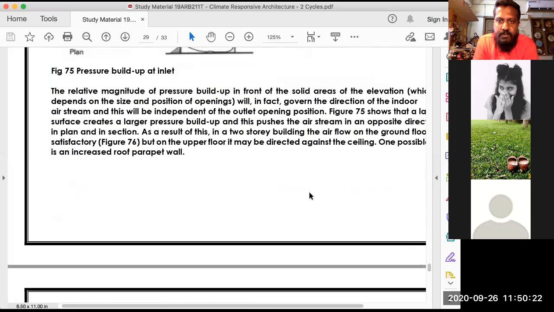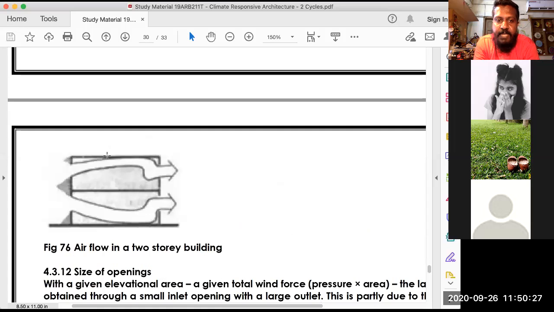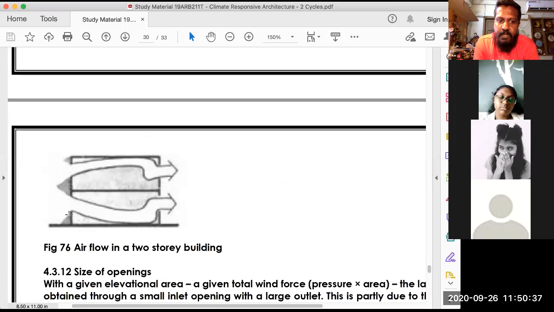So this is a similar example of how the air movement happens in a two-story building. If you understand the earlier concept, you can understand this. This is a section again. You can see the wall here, which is a sill level. How the wind shadow is happening here. And here is above the lintel and again the sill level.